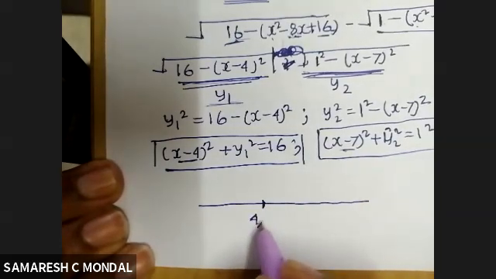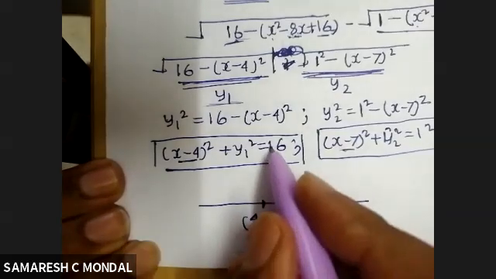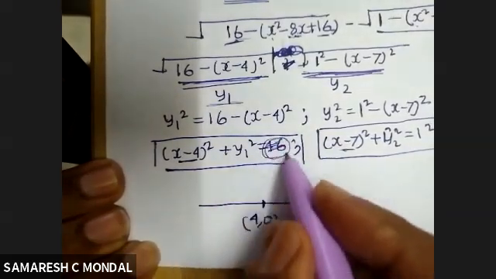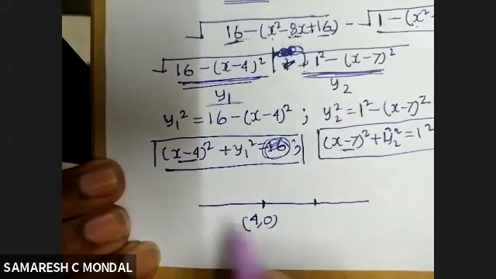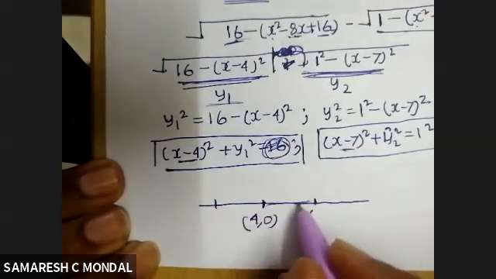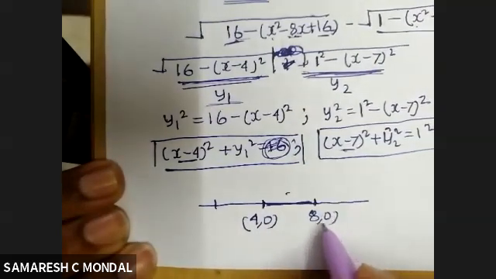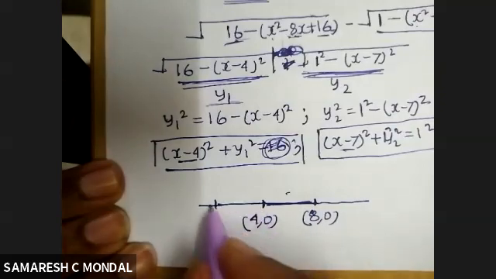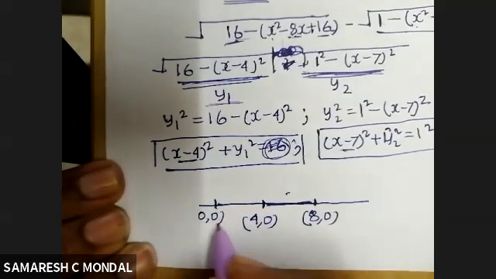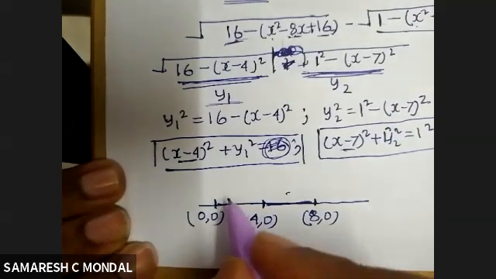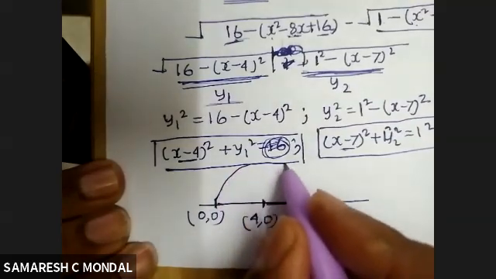So say this is 4, 0 with a radius of 4. 4 square is 16. So extremities will be, if I take a radius of 4, this length is 4, this will be 8, 0. Again, if this is 4, this will be 0, 0. So you get a semicircle like this.